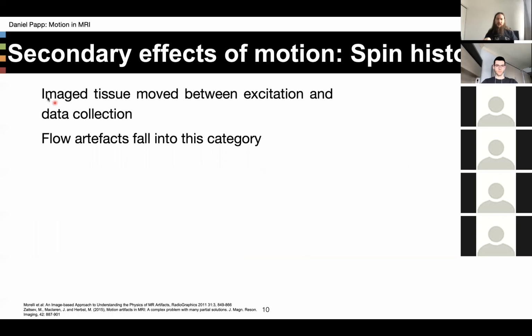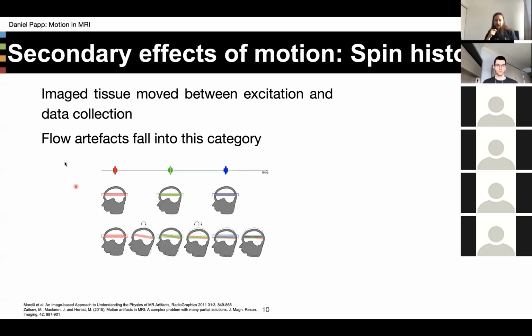Another secondary effect is what is called spin history. Spin history is just what has happened to the tissue from excitation to data collection. And if your imaged tissue moves between excitation and data collection, then you have a spin history effect. The illustration of this can be seen here.